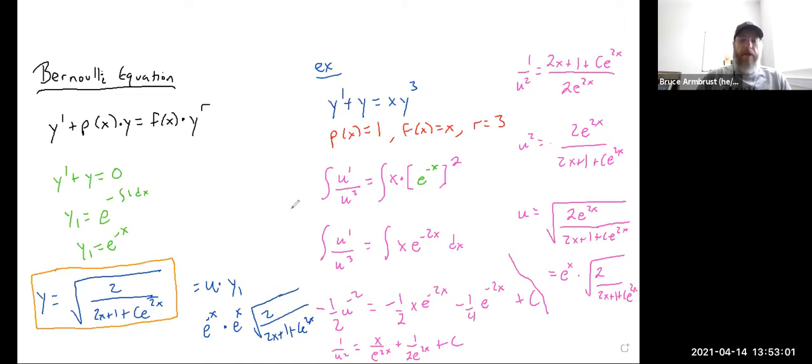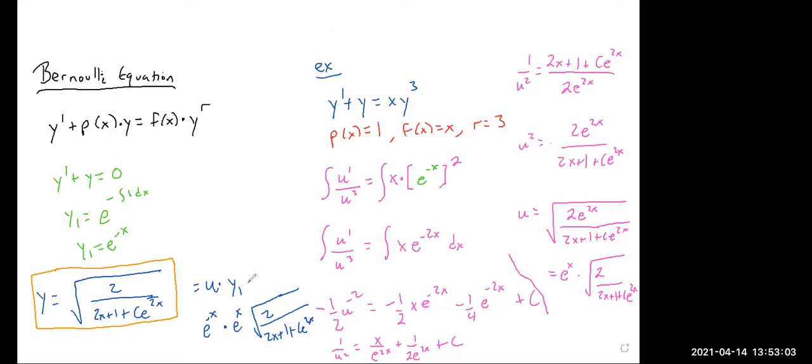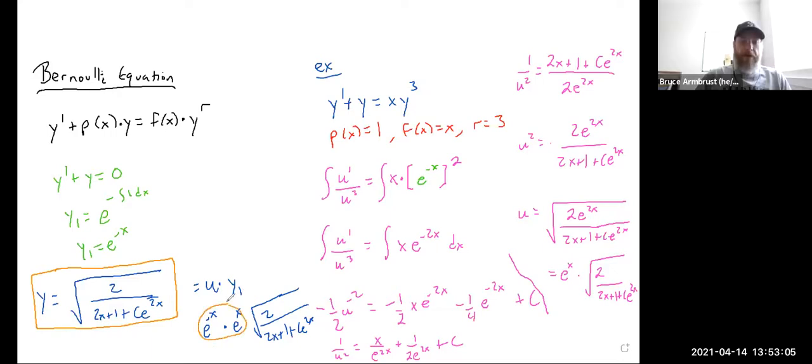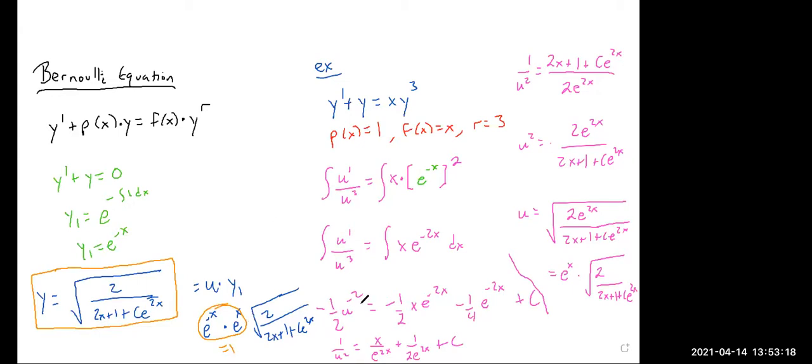And then if you just do those two rules of exponents, add the exponents together, x minus x is 0, e to the 0 is 1. So it ended up just canceling. And we're left with just the radical.